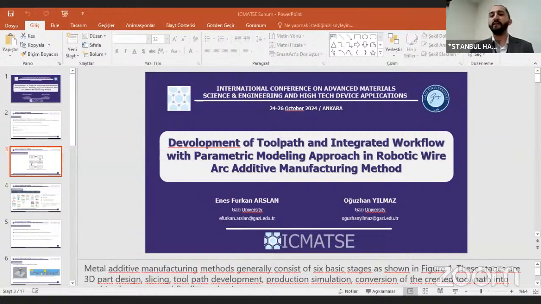Toolpath planning is one of the most critical stages in the WAAM process. Contour pattern was selected as the path pattern in this study. Contour pattern is commonly used in the WAAM method. In the WAAM process, the geometry of the weld seam is generally as shown in Figure 6.